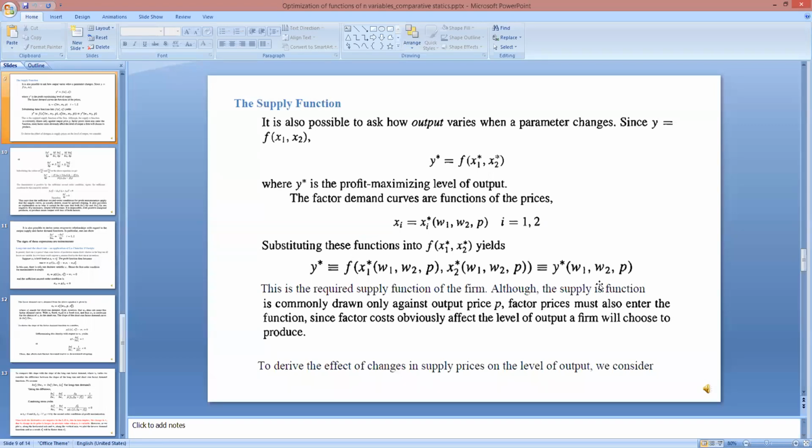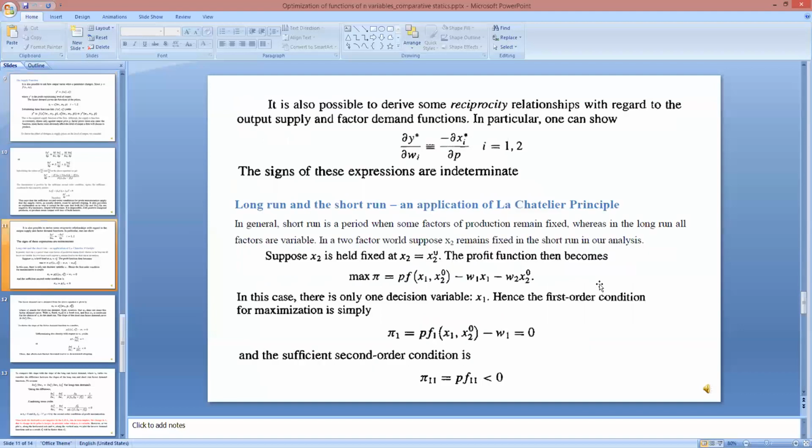So this is one exercise. Combining this part with the other part, I'm giving you to prove del y star by del w1 is equal to minus del x1 star by del p, and del y star by del w2 is equal to minus del x2 star by del p.